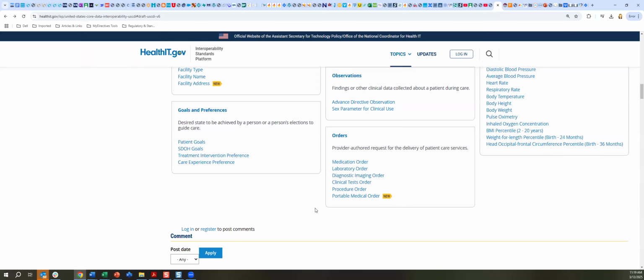And at the moment, our STU2 IG, which is focused on portable medical orders and a whole lot of good work on person-authored documents, that IG is not published. And so, well, okay, what about the ePOLST CDA IG? Because you can point to CDA, you can point to FHIR.